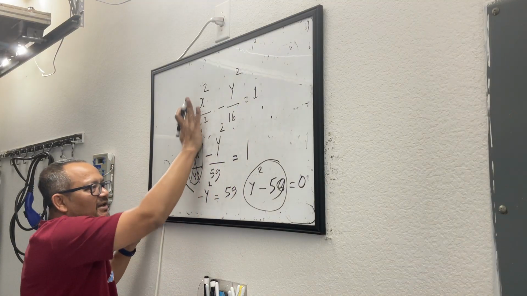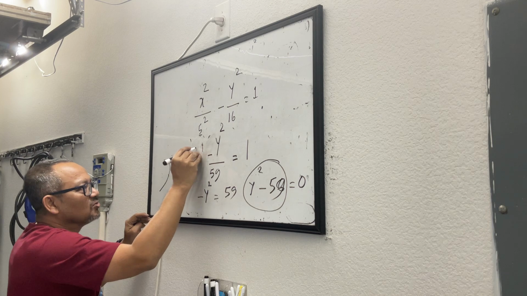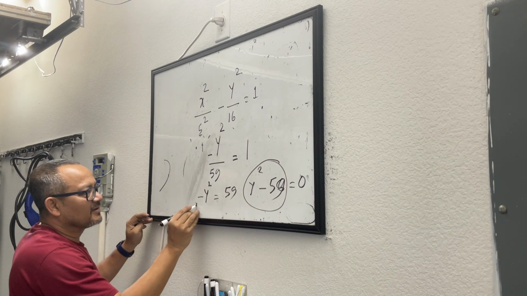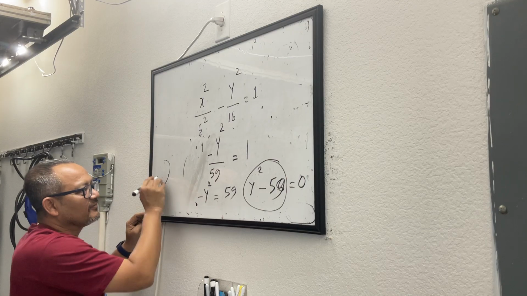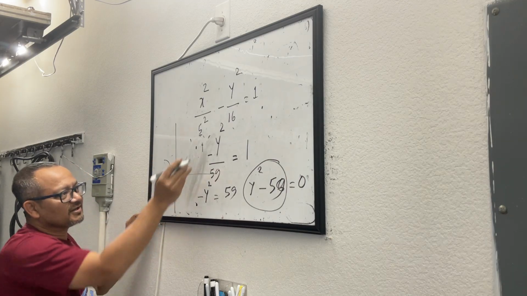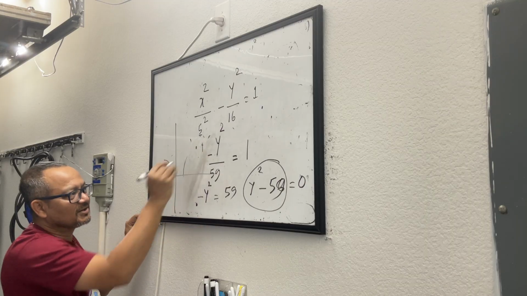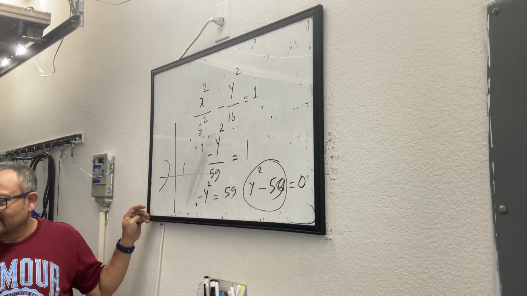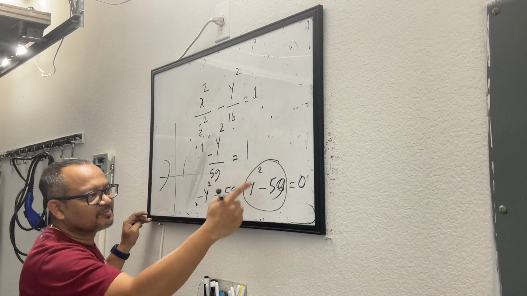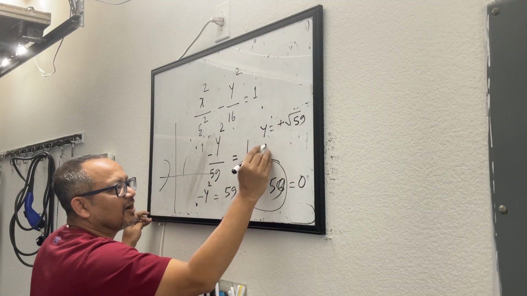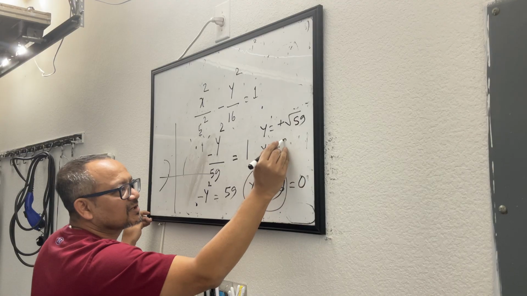So basically it will end up being 2 points. Y, we deleted the whole thing. X part is completely gone. So we'll end up with just 2 points, when y is plus square root of 59 and y is minus square root of 59.